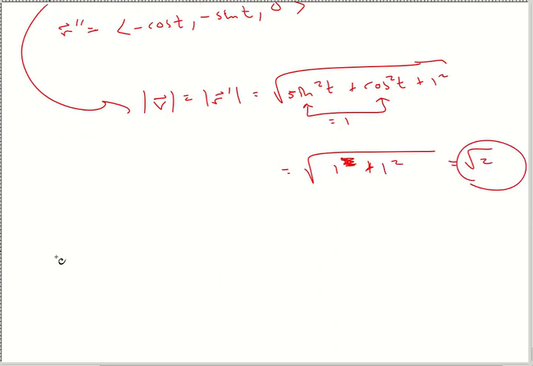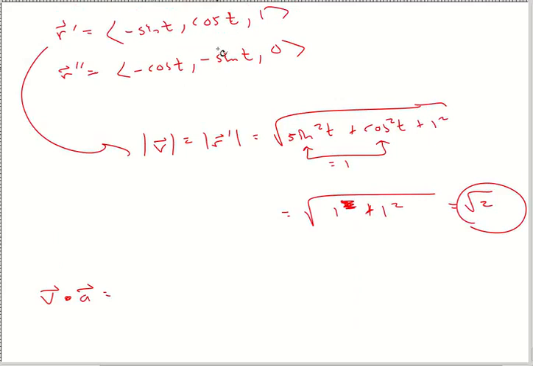Okay, now we've got to go and find the other ones. So v dot a, again, I'm going to dot product these two right here. And so dot product is going to yield a scalar, by the way. So I've got a negative sine times a negative cosine plus cosine times a negative sine.